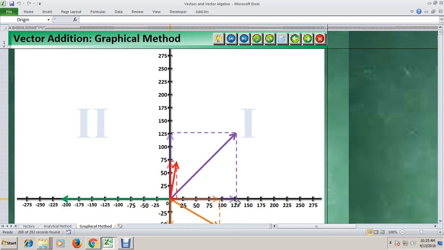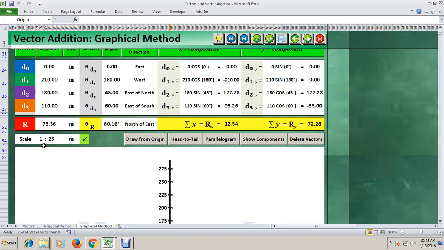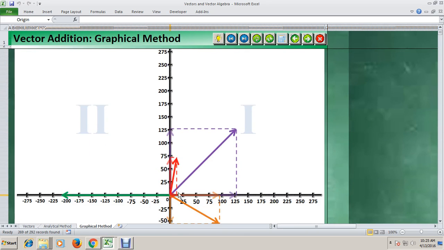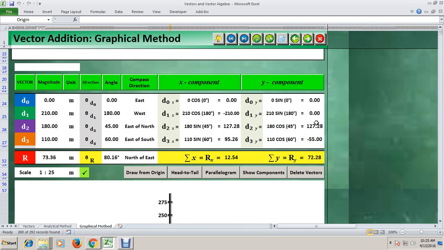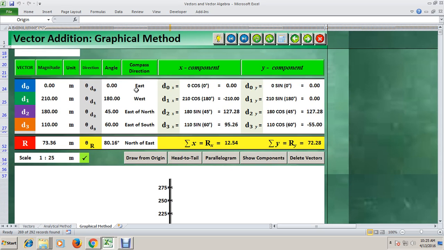The vector is actually drawn a little above 125. Take note that the scale that we are using is 1:25 meters. So that means for every unit here, this single unit represents 25 meters in the actual length of the vector. The angle is 45 degrees. Therefore, the length of the x component and the y component are the same.